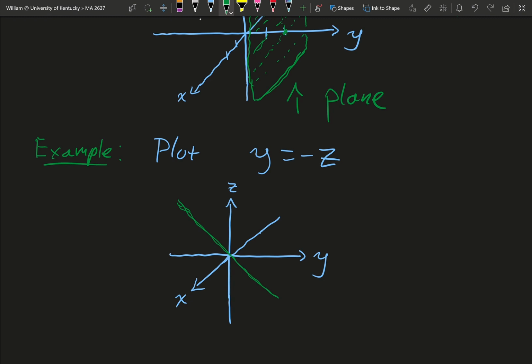And then because I have no conditions on x, I just get a plane going like this. Yeah, something like this.